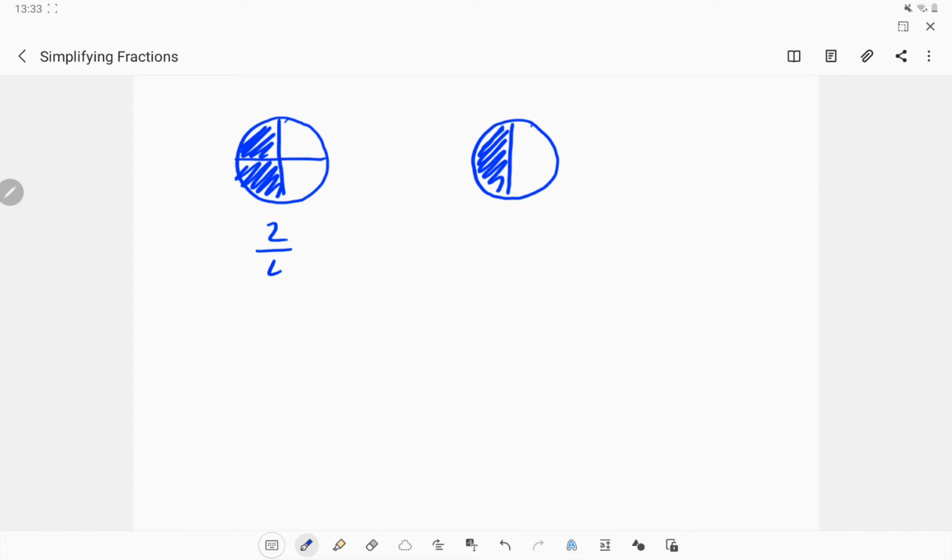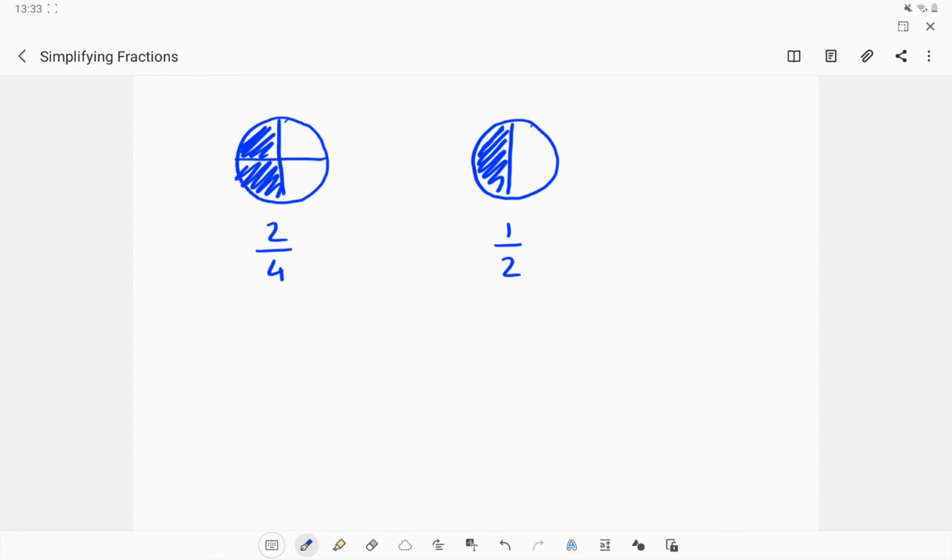And as you can see, 2 quarters or a half actually are the exact same amount of that cake. The reason we would probably rather use 1/2 is because we're much more comfortable thinking about half of something than a quarter of something.